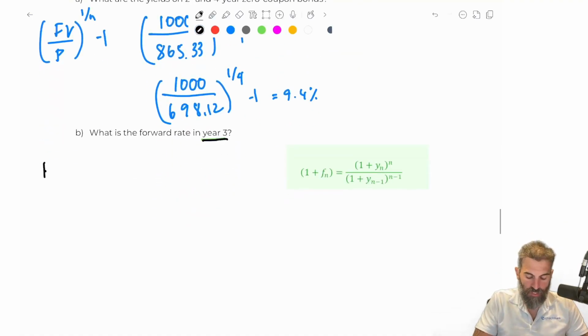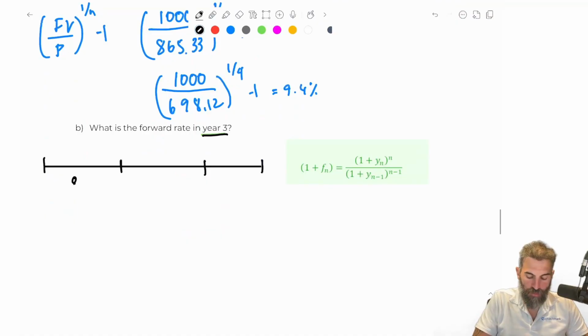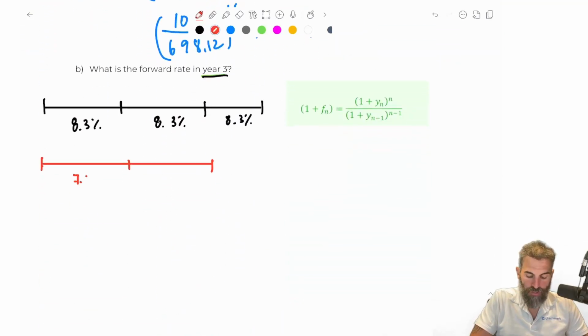Okay, so I'm going to try and put these kind of one on top of the other. So I've got, let's say, a 3-year bond right now is yielding 8.3%. So if I buy a 3-year bond, I'm getting a return of 8.3% per year. That's what the yield is, right? Whereas a 2-year bond, if I said, nah, I don't want a 3-year bond, I only want a 2-year bond, well, you're going to earn 7.5% per year for 2 years.